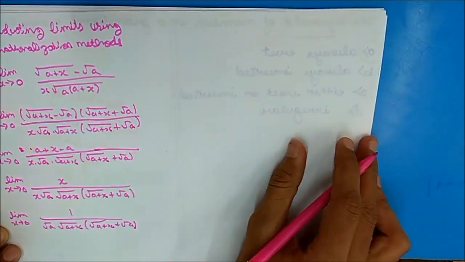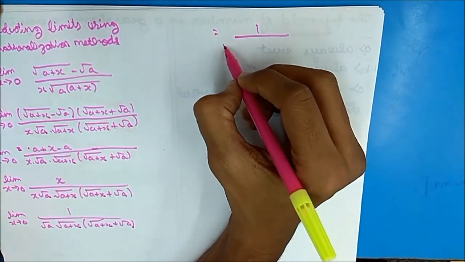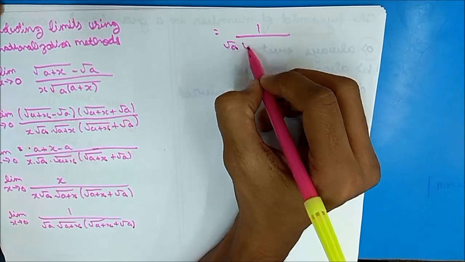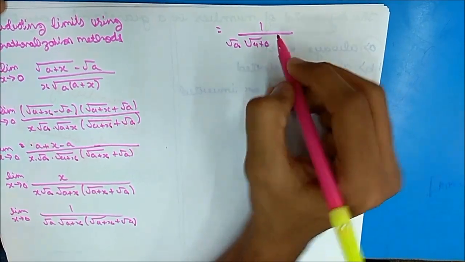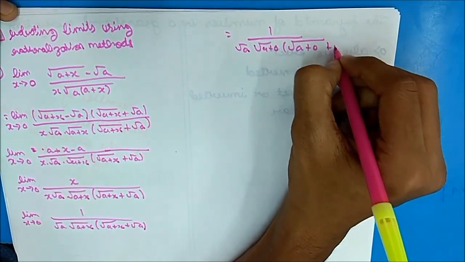That will give us 1 upon root a, root of (a + 0), times (root of (a + 0) + root a).